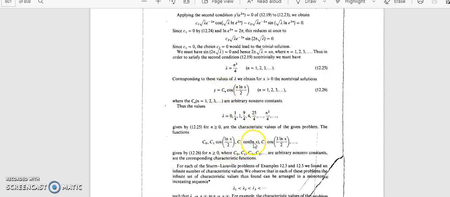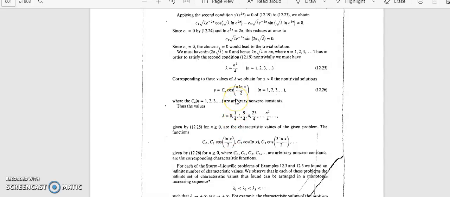Similarly, taking n equal to 2 we get c2 cos ln x, and n equal to 3 gives c3 cos 3 ln x. So here you will have, corresponding to each characteristic value, a characteristic function which is a one parameter family of curves.